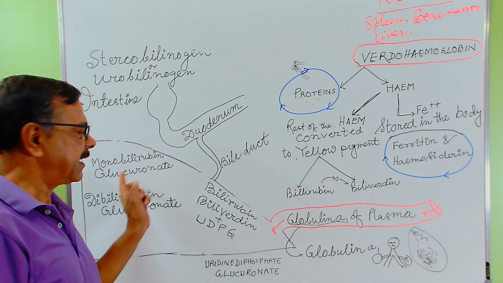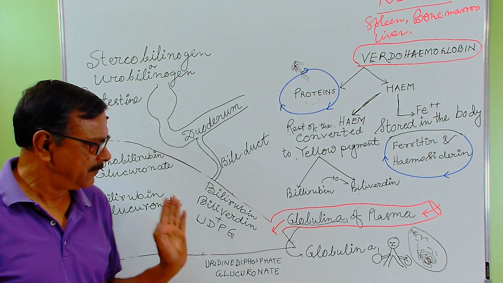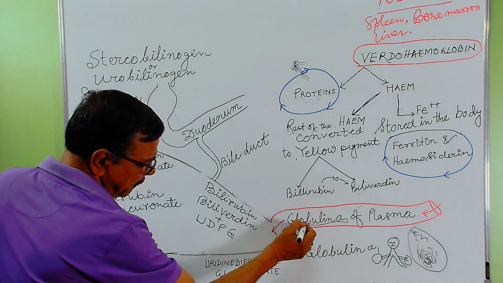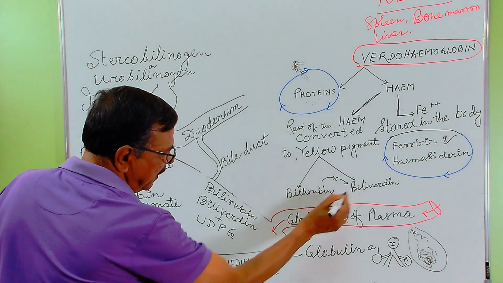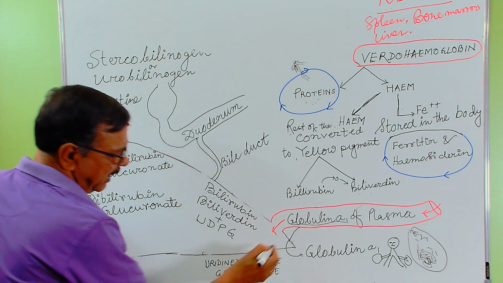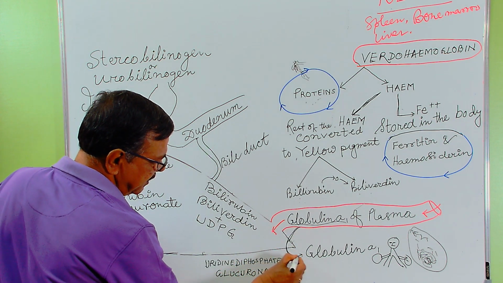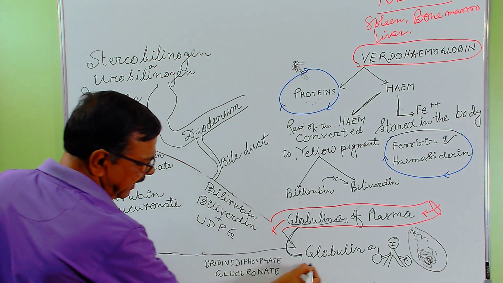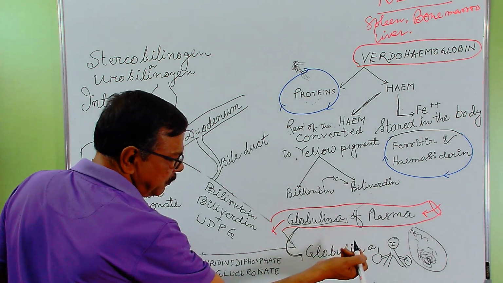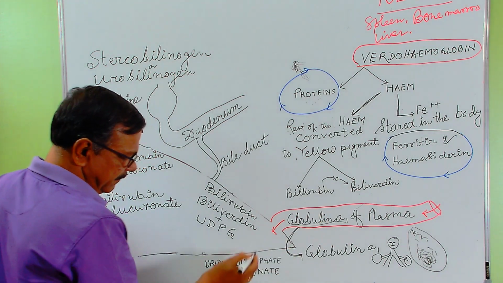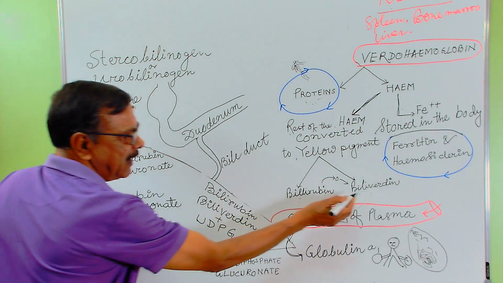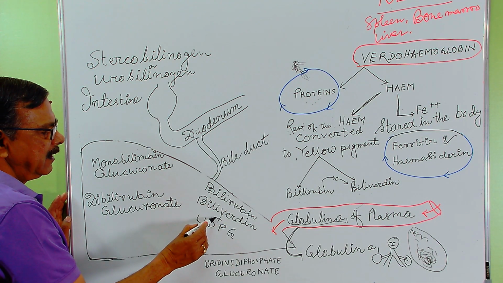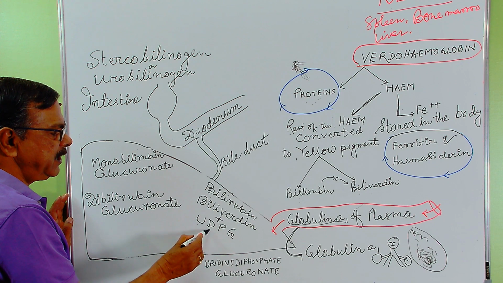The blood vessel comes to the liver. Within this liver, this complex of globulin, albumin, bilirubin and biliverdin enters, and globulin A is separated. Clear? This globulin A1, which is in the plasma, gets separated. Now what is left? Bilirubin and biliverdin. This bilirubin and biliverdin mixes with UDPG.